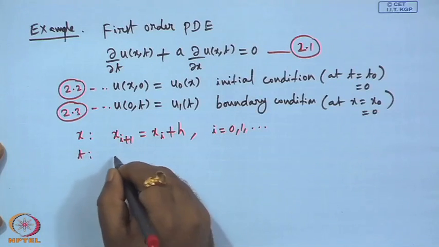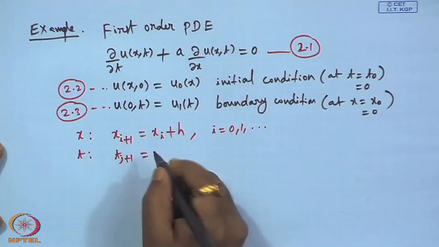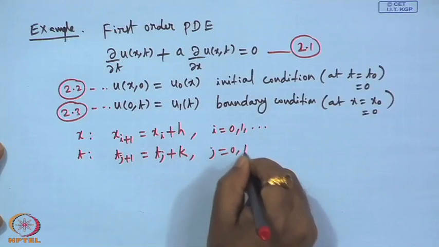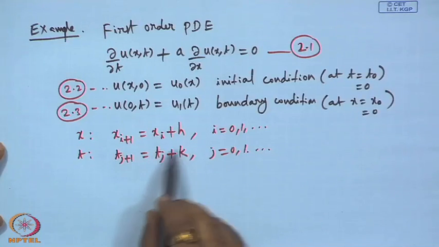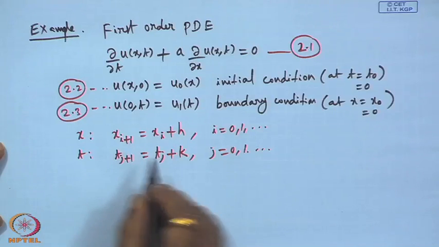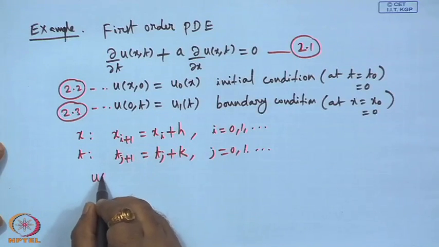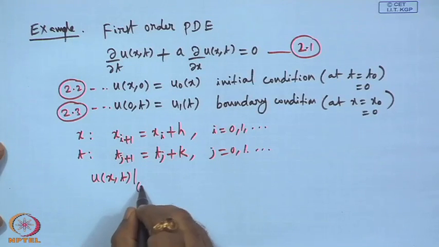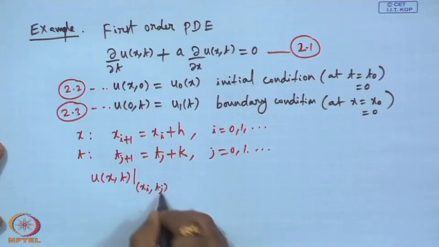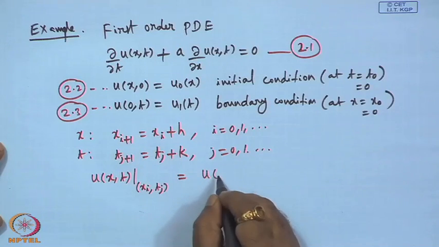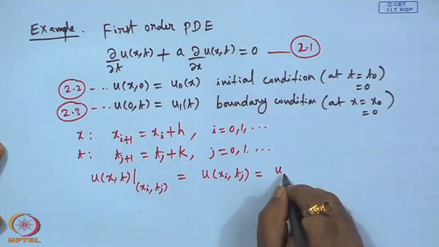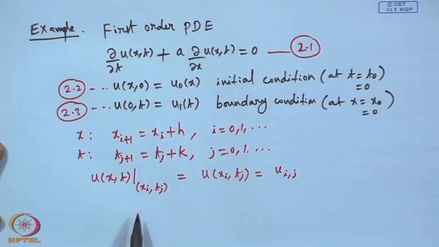So, then t_{j+1} equals t_j plus k. Okay. So, we discretize, this is the notation. Accordingly, u of x, t at a particular point x_i, t_j, we are going to denote it by u of x_i, t_j, this is u_{i,j}. Okay. So, this is our standard notation.